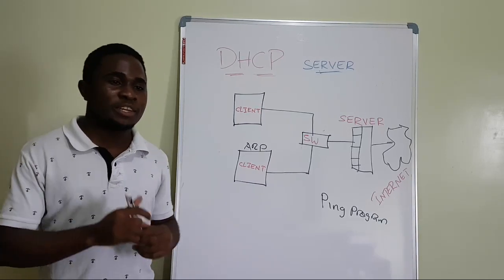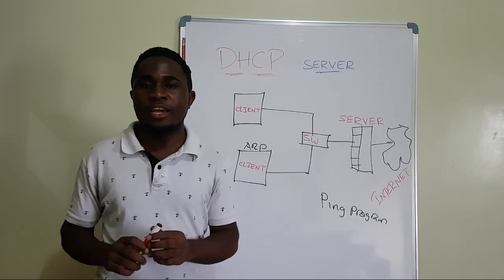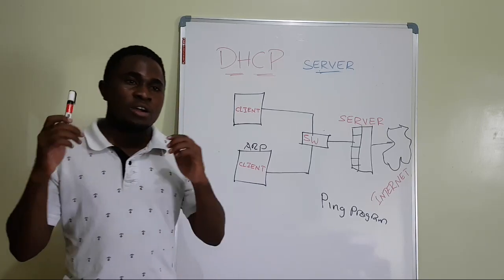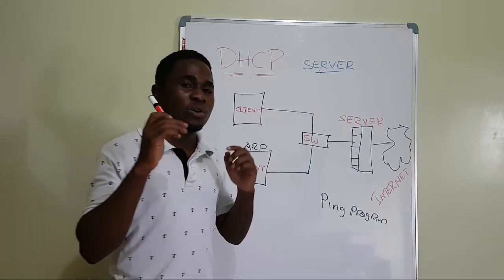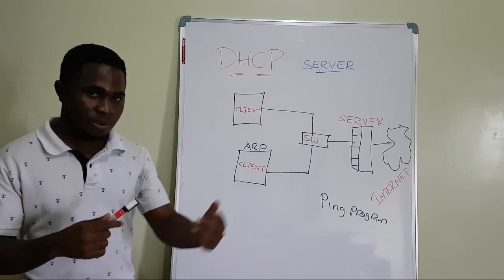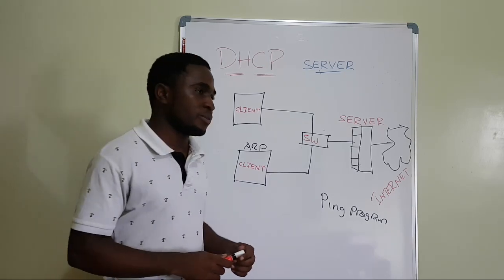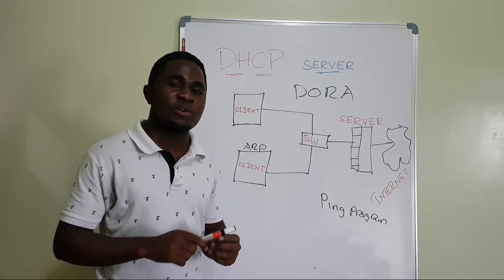Static is the manual way of assigning an IP address. That is, each and every PC has to be manually assigned the IP address, while in the dynamic way, for example the DHCP, you automatically assign the IP address whenever the client would like to connect to the network.